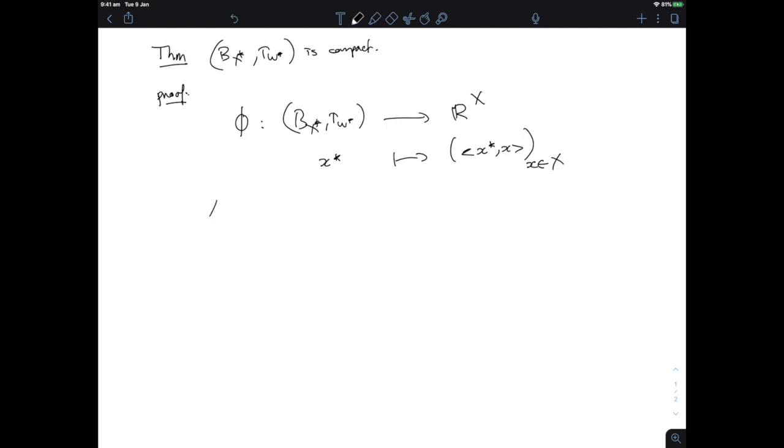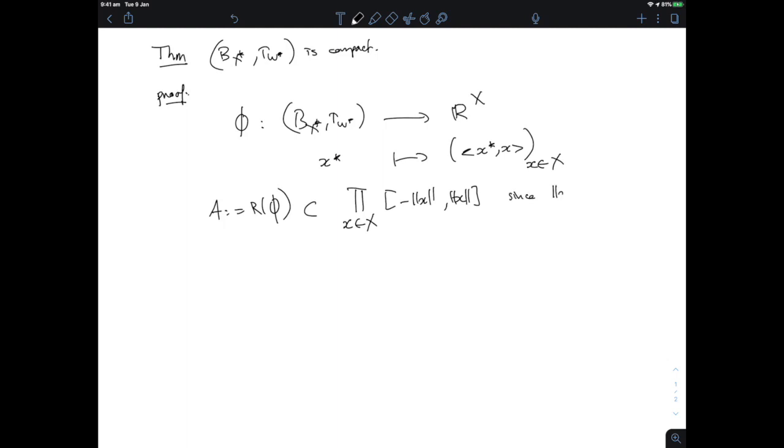Now, if you define the range of this map and call that A, it certainly would be included in the product of the intervals minus norm of x to norm of x, running through the Banach space. So it's a massively uncountable product, but it's a product of closed intervals of R.